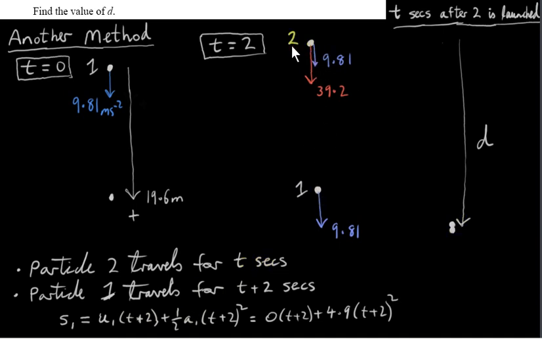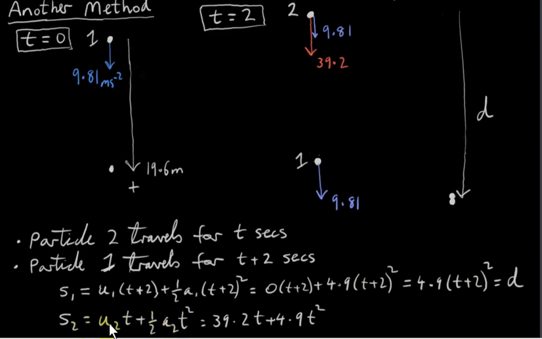So the collision happens t seconds after 2 seconds have already elapsed. So the gap between the times for these two situations is t seconds. So this is just 4.9 times (t plus 2) squared, and that's equal to d.